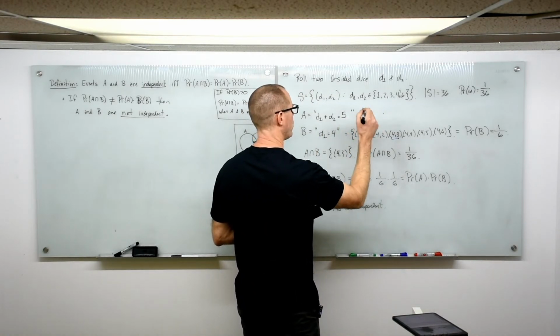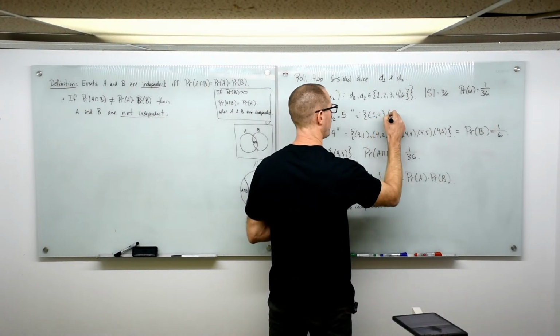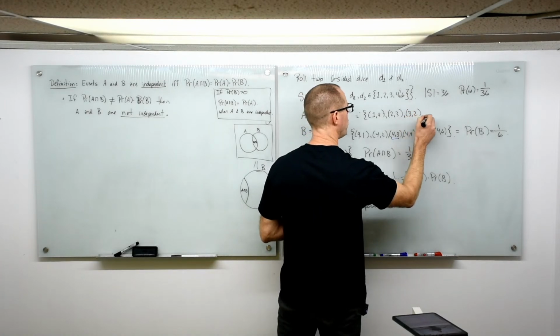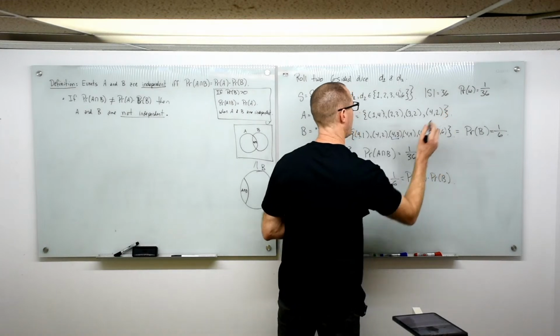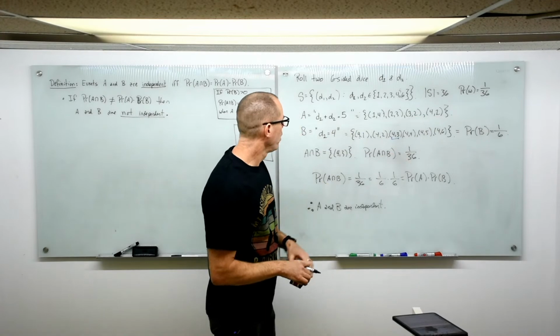We get a 1 and a 4, a 2 and a 3, a 3 and a 2, and a 4 and a 1. This set only has size 4.